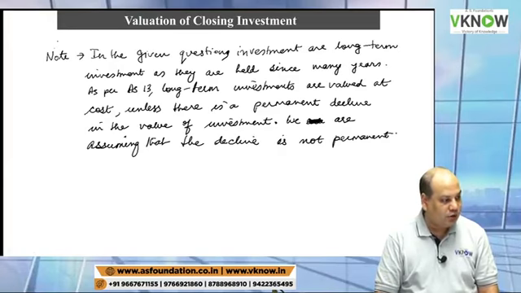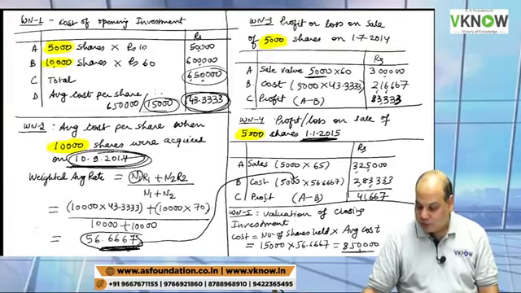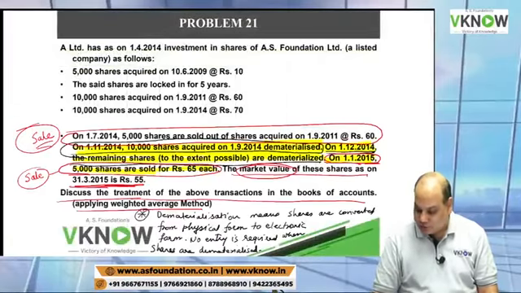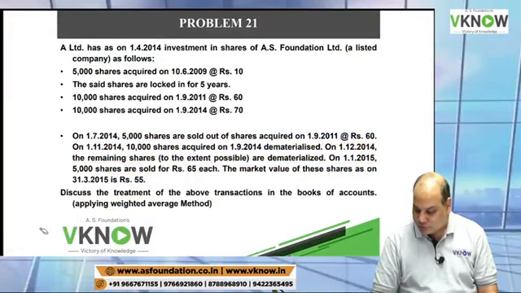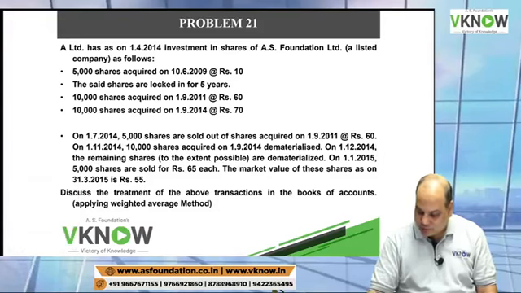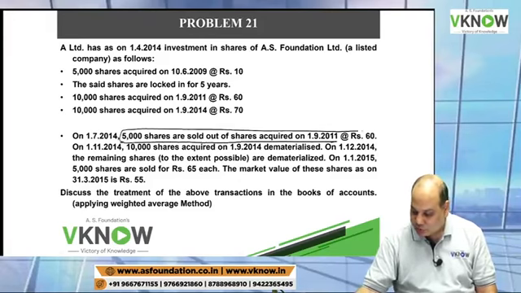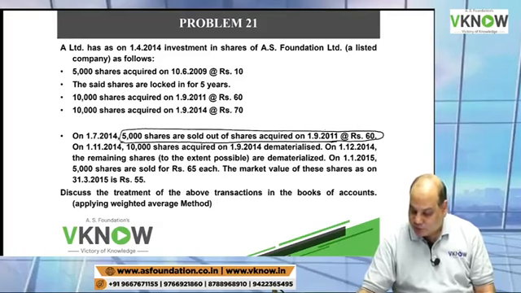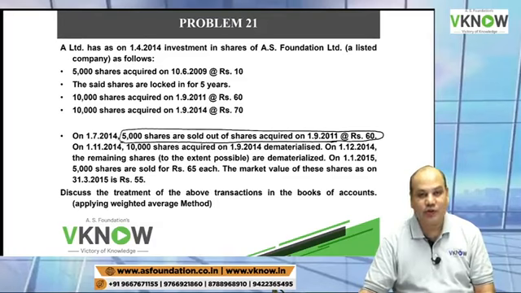Now coming to the question of Falak Mehta, as I said, the question is not very serious. The student is asking that it is written 5,000 shares are sold out of the shares acquired on 1911 at 60 rupees. It doesn't matter what is the source of the share.